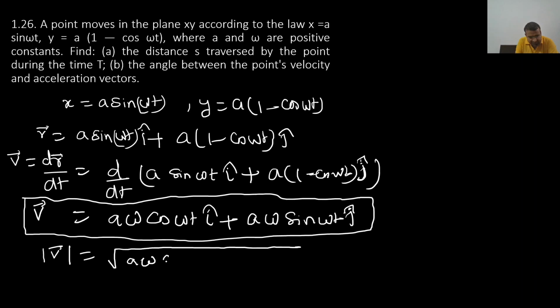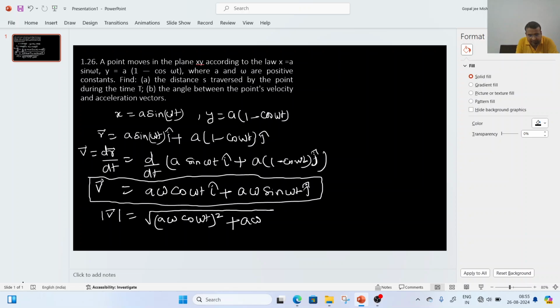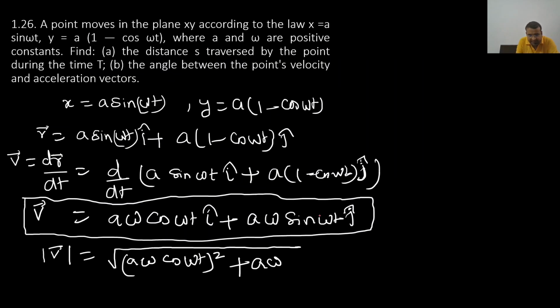That is the root of a omega cos omega t whole square plus a omega sin omega t whole square.